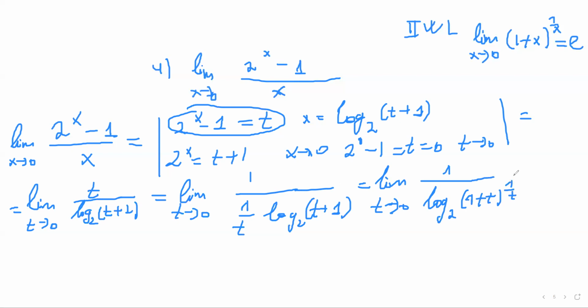So you see, our limit looks like this: 1 plus t to the power 1 out of t.